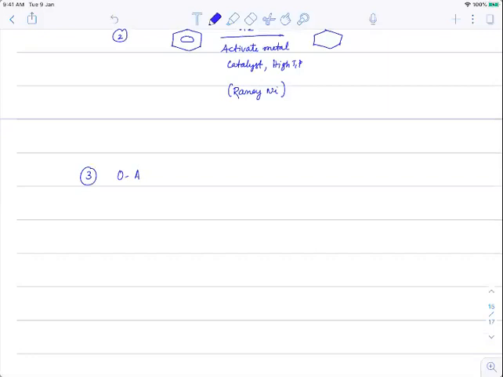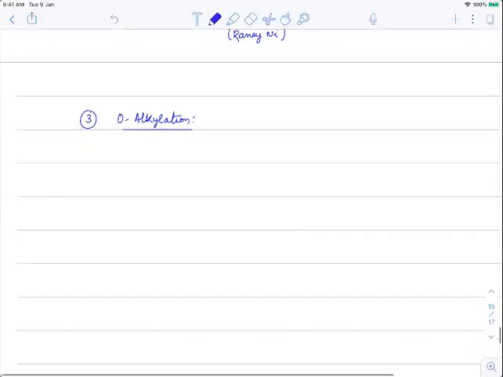Next, O alkylation. On the oxygen, we are doing alkylation. So phenol, if I treat that with CH3X and OH minus, OH minus will pull away that H and O minus will make a reaction here.